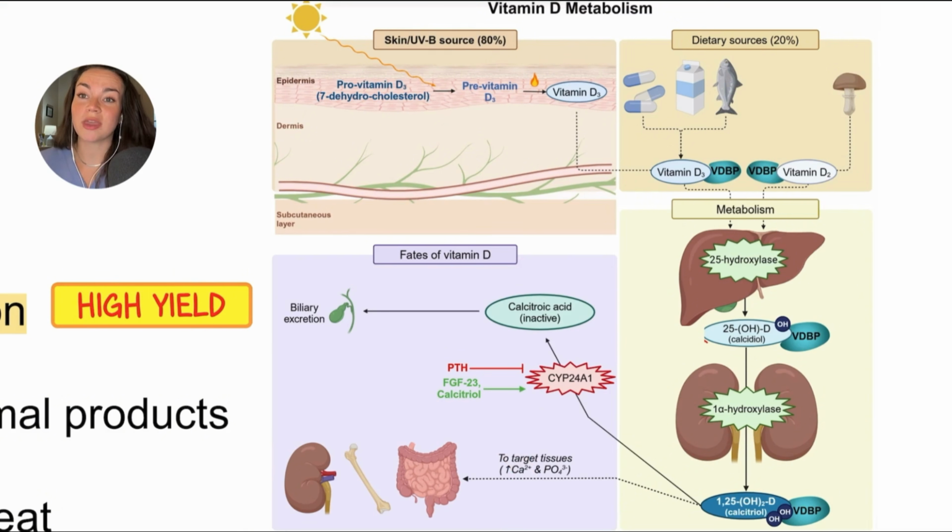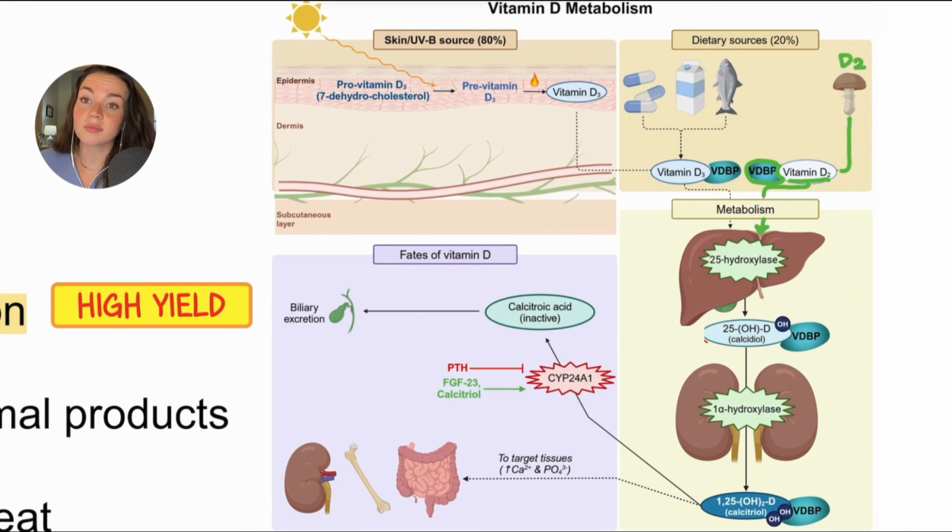So there are two major types of vitamin D. There's vitamin D2, or ergocalciferol, and vitamin D3, which is cholecalciferol. The D2 form of vitamin D that comes from plants, once you ingest it, can bind to this VDBP, which is the vitamin D binding protein, and that can travel through the blood and go to the liver for metabolism.